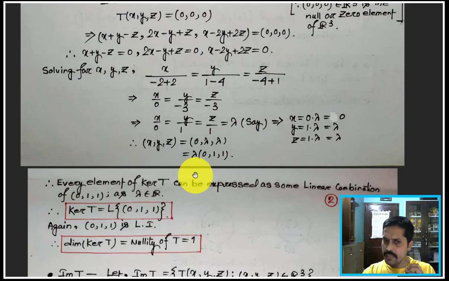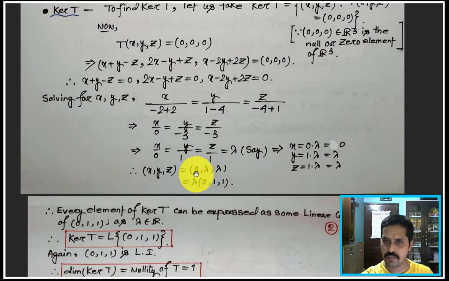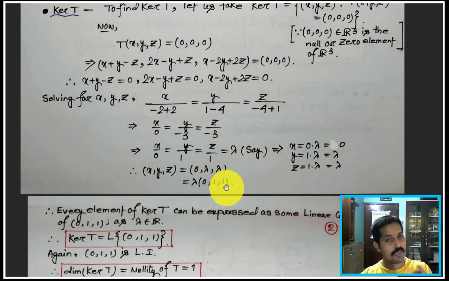Now, as (x, y, z) is an arbitrary element of ker T, and (x, y, z) can be expressed as a linear combination of (0, 1, 1), we can definitely say that every element of ker T can be expressed as a linear combination of (0, 1, 1), because (x, y, z) is arbitrarily chosen.